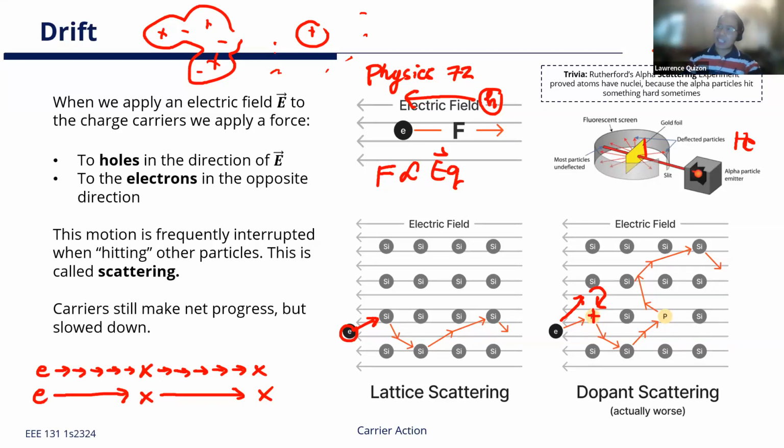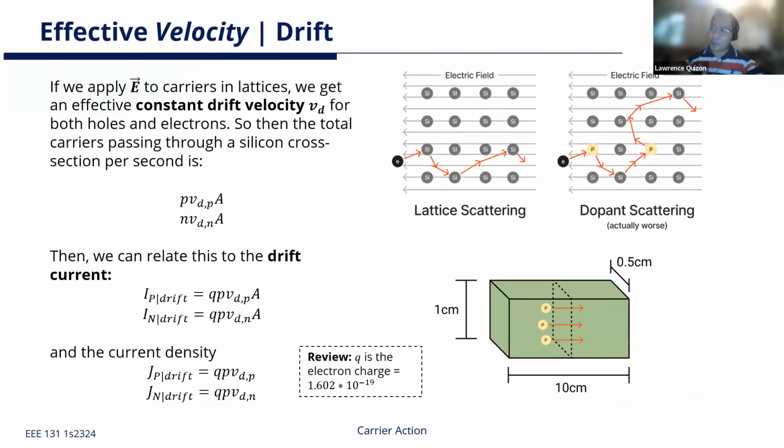So just like that, there is also an effective velocity for electrons, and holes as well. Everything also applies to holes. If we apply an electric field, we get an effective constant velocity because of this acceleration and bumping action. There's an effective constant velocity because there's a mean time between collisions, is what we know.